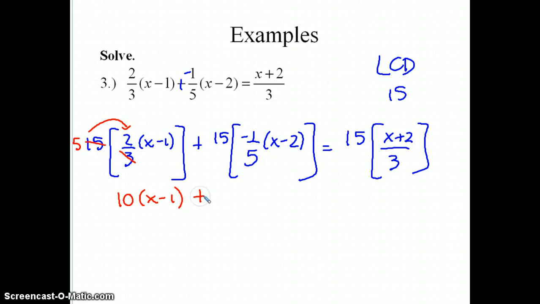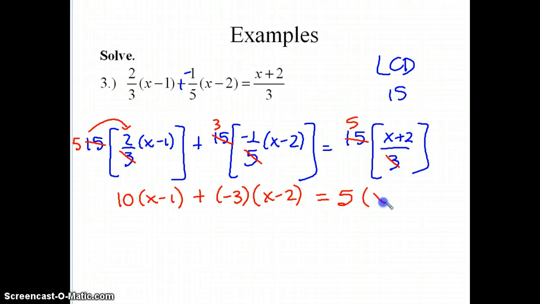Moving on to the next one, the 5 and the 15 cancel here, so I'm left with negative 3 times the quantity x minus 2. And then on the right-hand side, the 3 and the 15 cancel again, leaving me 5 times the quantity x plus 2. Now I'm ready to distribute, so I can eliminate all of my parentheses.